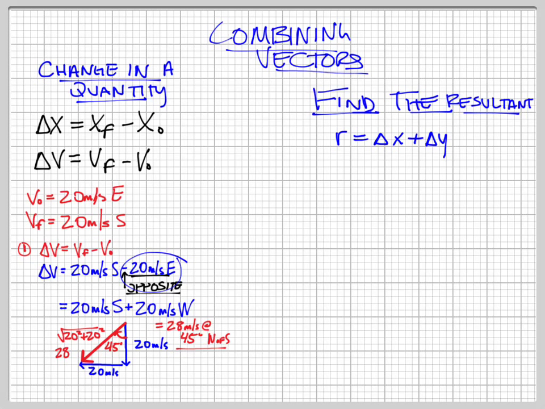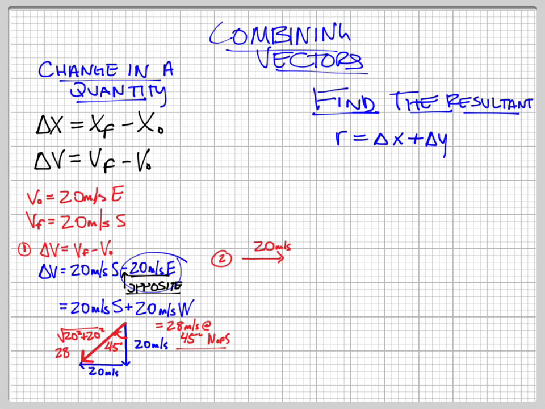The second way that I want us to look at this is to pictorially look at what's happening. So here's our second explanation. With our second explanation, we begin with a velocity of 20 meters per second to the east. So I'm just going to give a quick sketch of that, right? My vector is 20 meters per second, points in the easterly direction.